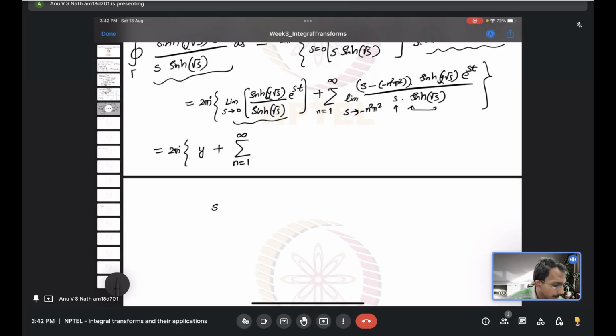So I will group that accordingly: sinh(root s) in the denominator has an issue, but the 1 by s doesn't have an issue, and sinh(y root s) in the numerator will not have an issue, because y is any number between 0 and 1, not going to be equal to 1 or equal to 0.